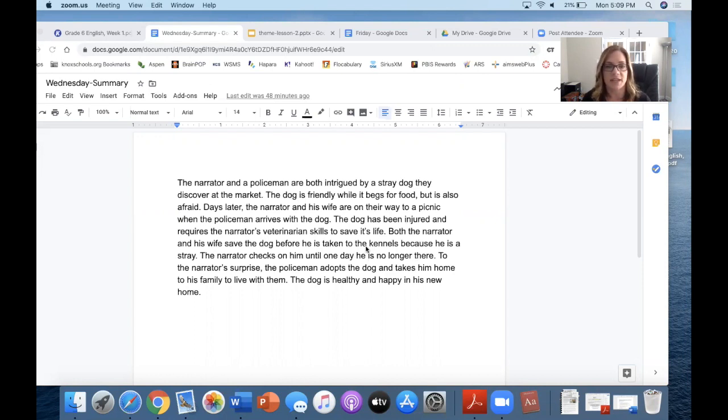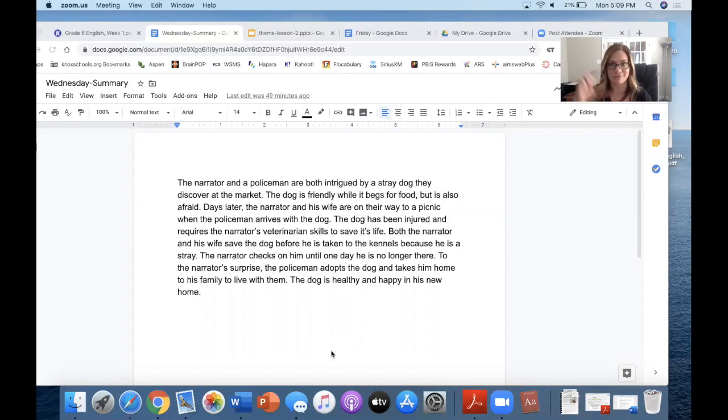The dog has been injured and requires the narrator's veterinarian skills to save its life. Both the narrator and his wife save the dog before he is taken to the kennels because he's a stray. The narrator checks on him until one day he is no longer there. To the narrator's surprise, the policeman adopts the dog and takes him home to his family to live with them. The dog is healthy and happy in his new home.